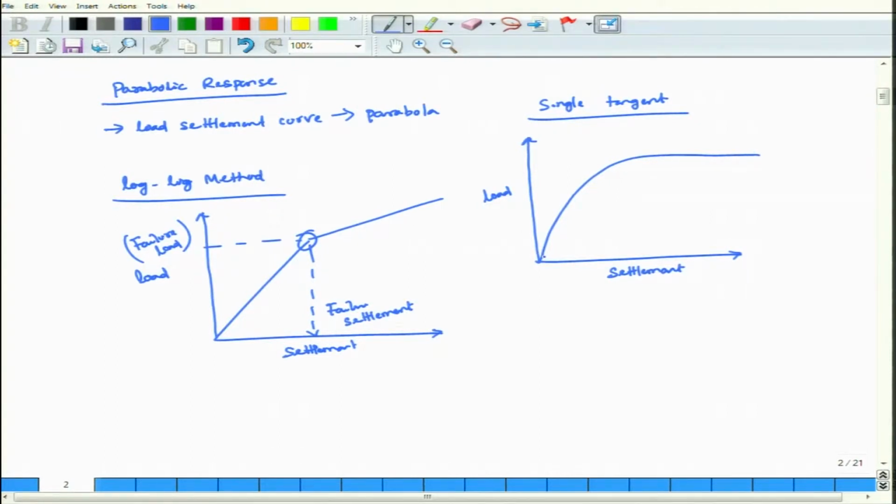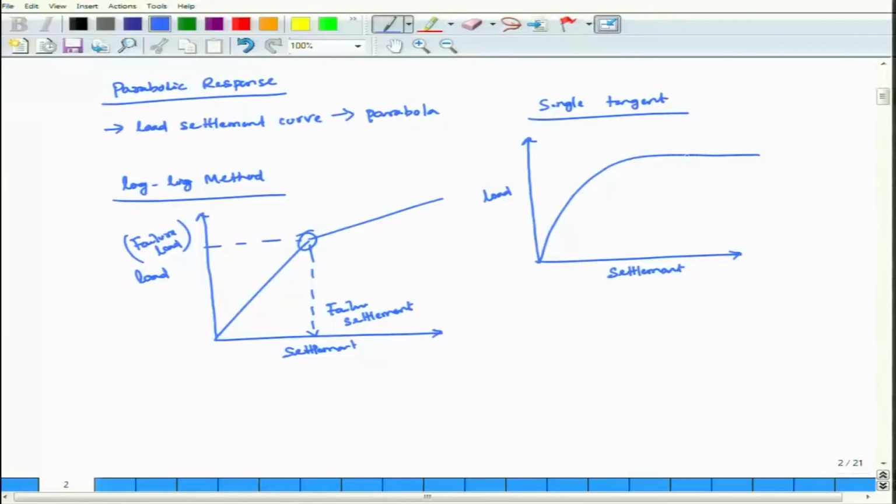Look at this, non-linear. After a certain time it becomes asymptotic to your settlement axis. Once it is asymptotic to the settlement axis, then what will happen?